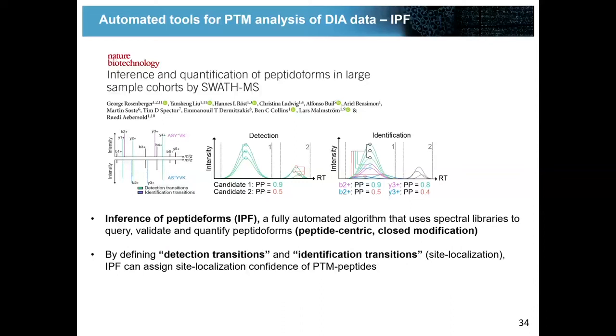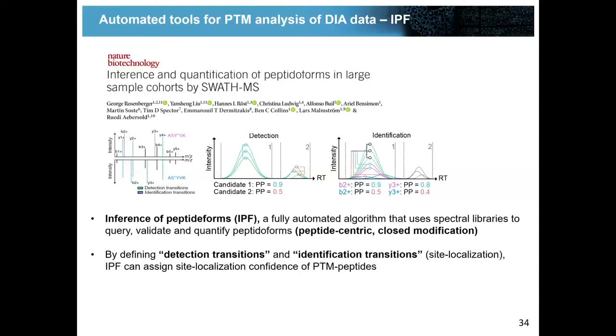So this inference of peptidoforms, this IPF algorithm, is something that George published last year. And this is an algorithm that performs closed modification. So you say that you're interested in PTMs usually, in which PTM, and a peptide-centric workflow. And this IPF actually works very similar, or uses the same lessons that I just showed you before.